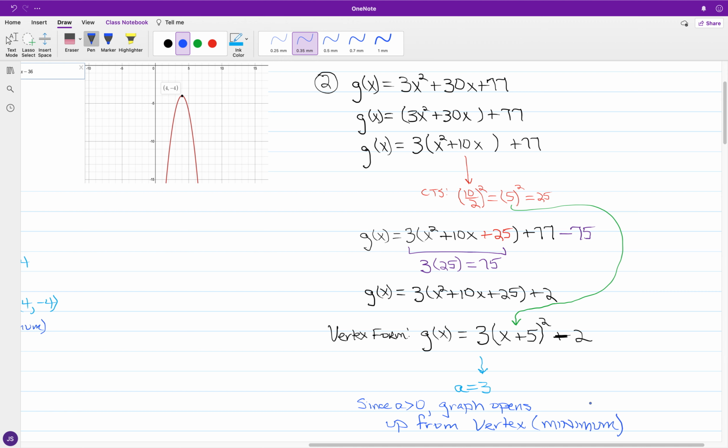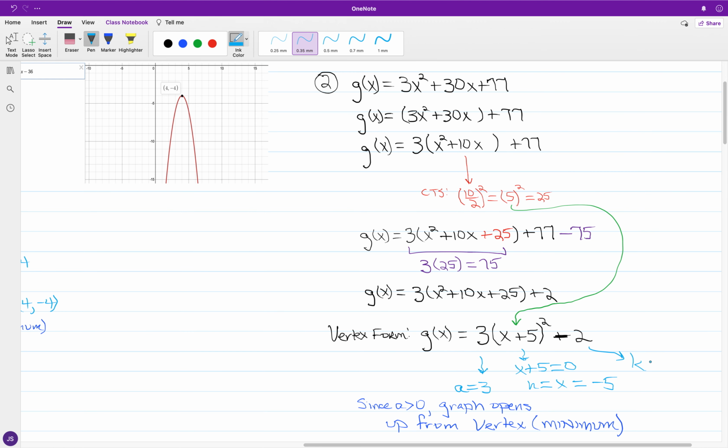So the vertex will be the location of the minimum. All right, now for x plus 5, if I set x plus 5 equal to 0, our corresponding h value is going to be the 0 from setting x plus 5 equal to 0. So you have h is equal to x is equal to negative 5.